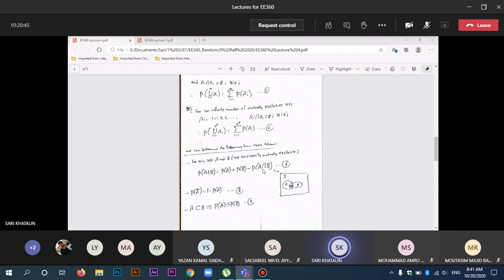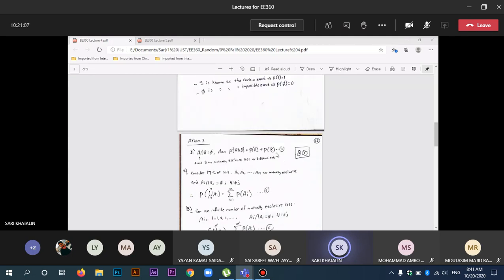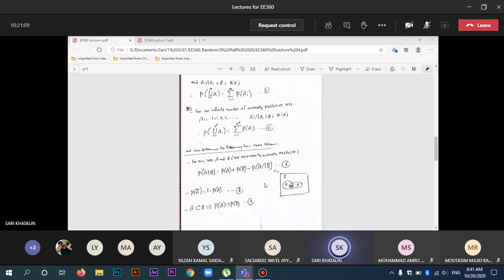So what we're saying in equation 7 is, if we have two sets and these sets are not mutually exclusive, and we want the probability of the union, we add the probability of the first one and the second one, and subtract the intersection between them. Of course, if they are mutually exclusive, this will become 0, and then we'll end up with equation 4. That's all we're saying here.